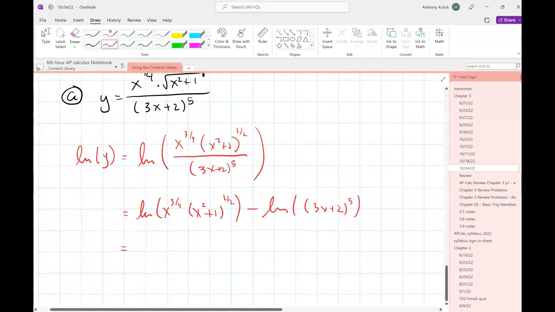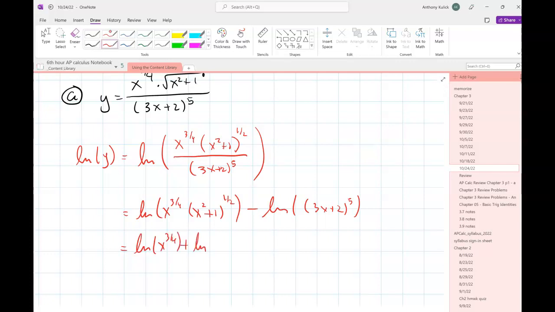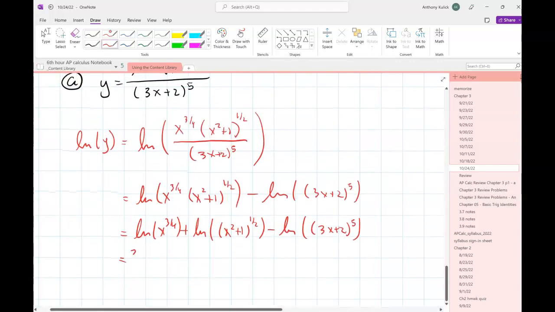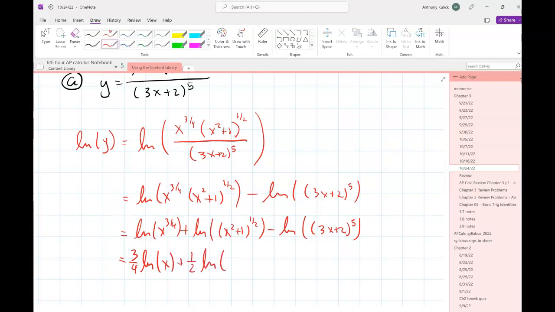I'll then use the product property inside the first logarithm to rewrite that as log of the first factor plus log of the second factor. And then I'm going to use the power property to move those exponents to coefficients.